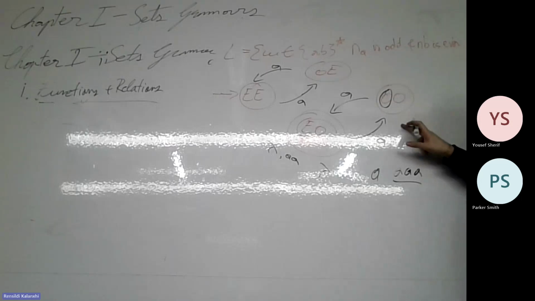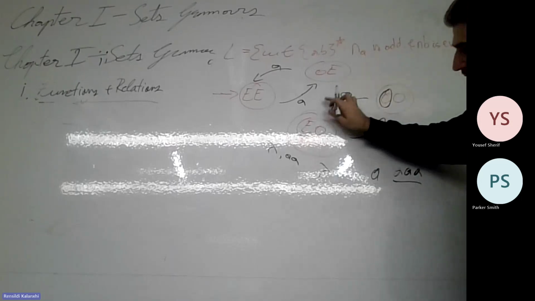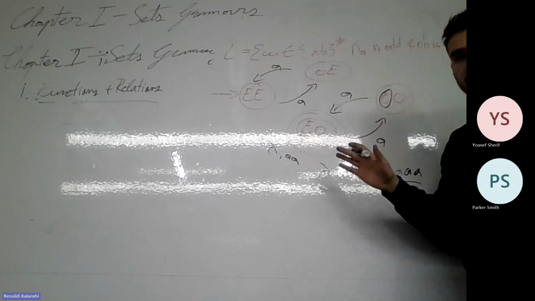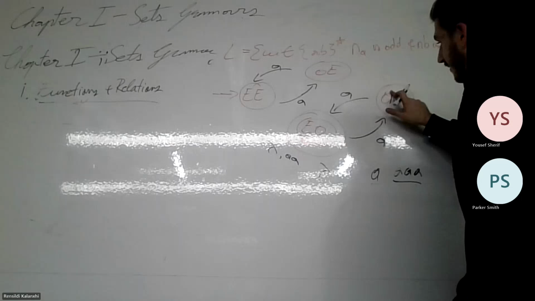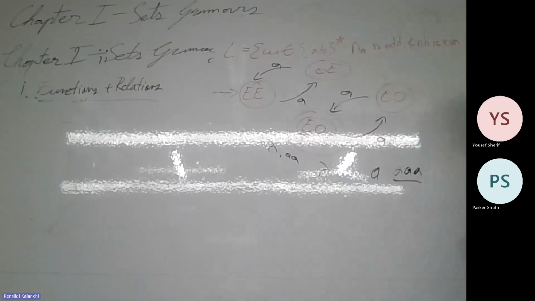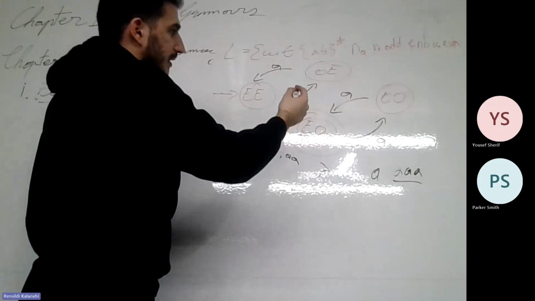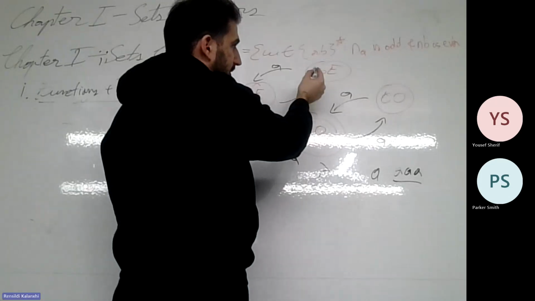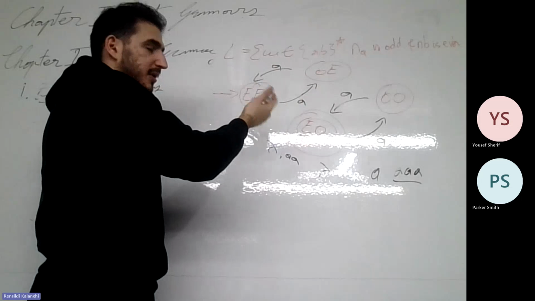And then the same thing happens if we want to send another A, we include it to this state that accepts even A's, right? So now, same goes to even, odd, even, right? Only the left changes, because that's what we are playing with right now. We're playing with A's.